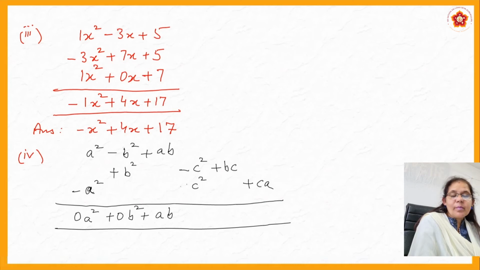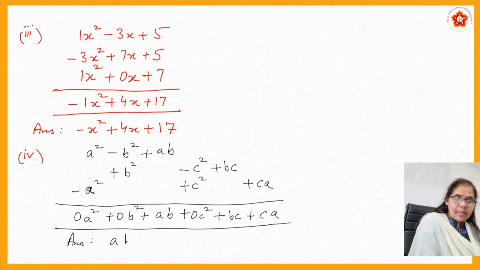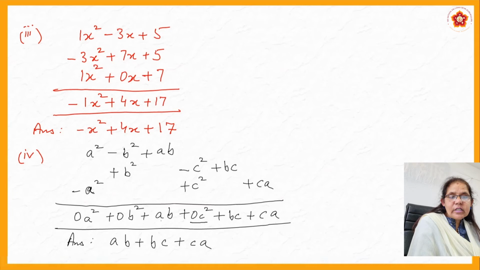Minus C square plus C square is 0C square. BC is the only term, I'll copy it here. CA is the only term, I'll copy it here. So your answer is, we don't have to write down 0a square plus 0b square. Answer is AB plus BC plus CA. We'll not write the terms which are having coefficient 0.